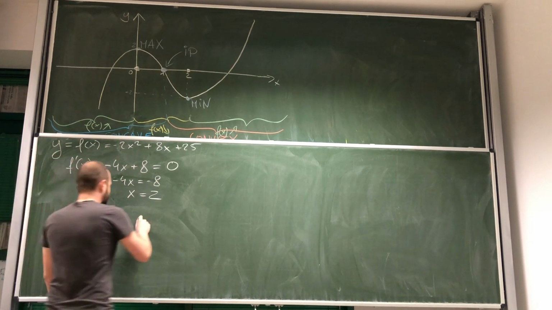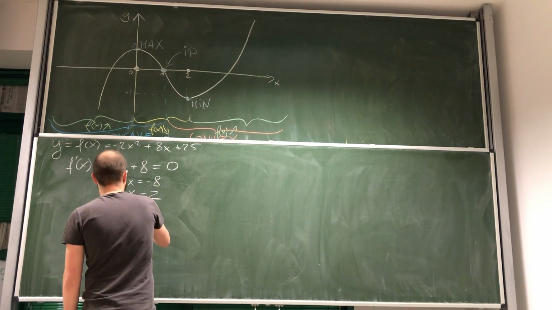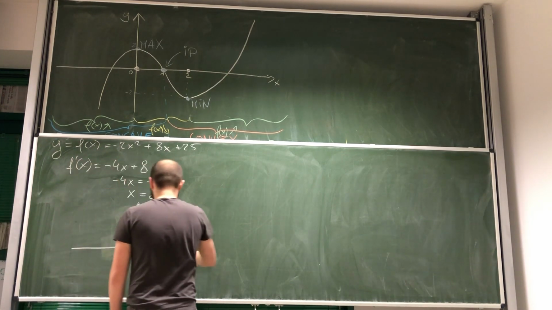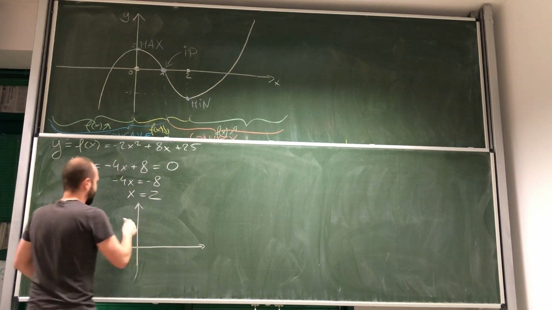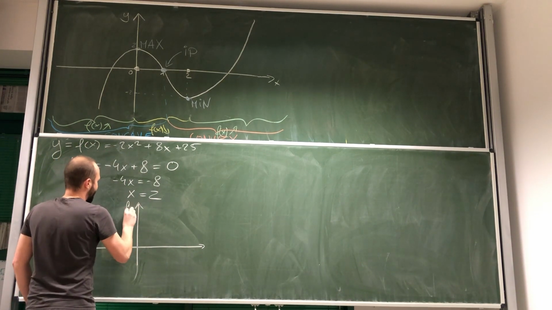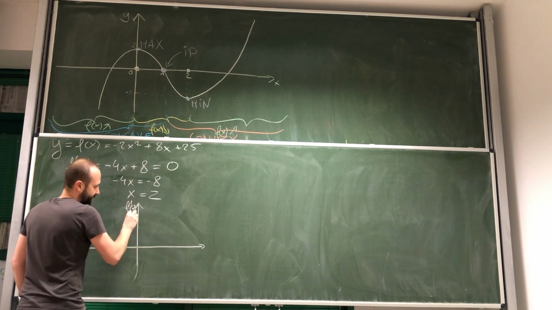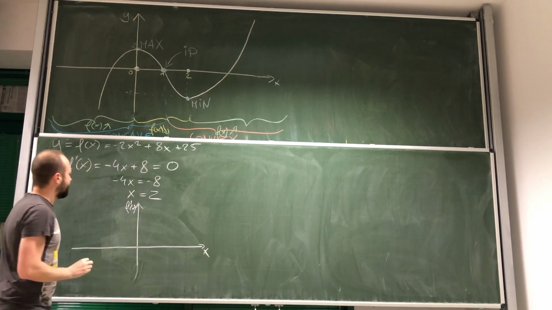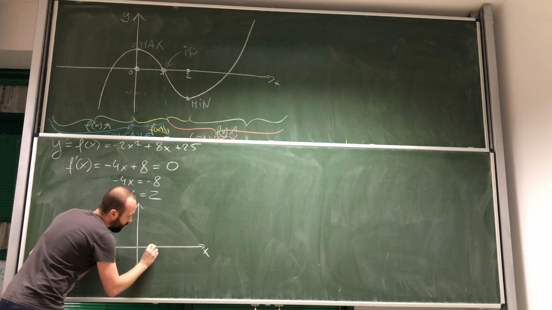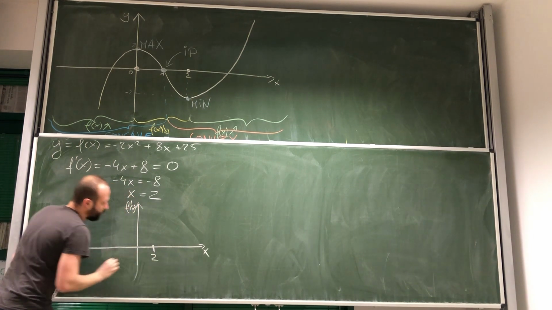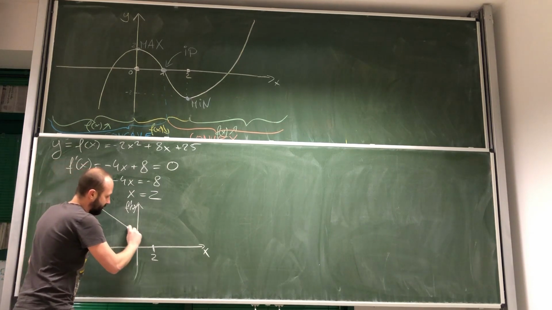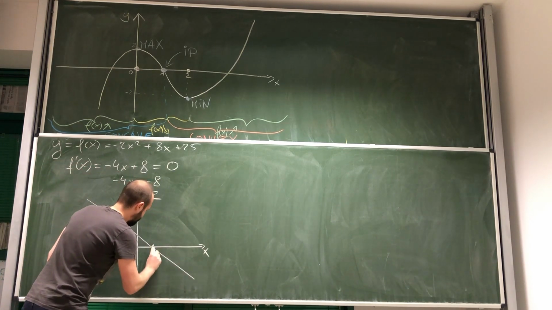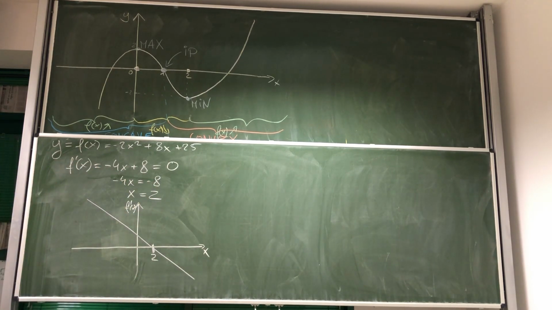So if I'm going to draw this function now, here we have f prime of x, here we have x, and we know that it cuts through the x-axis at point 2, and it is downward sloping, so it goes like this. Okay, so what do we see now?